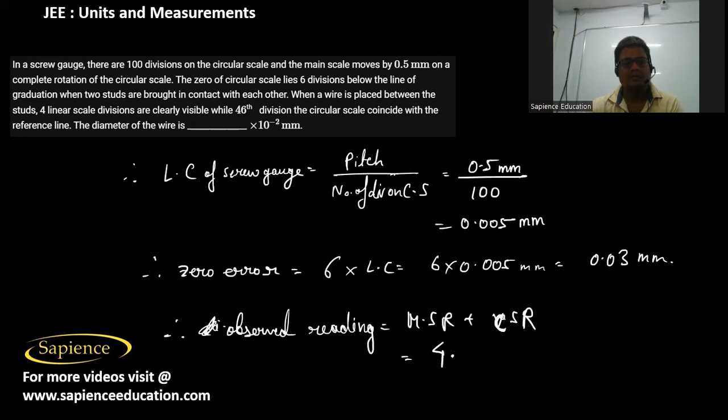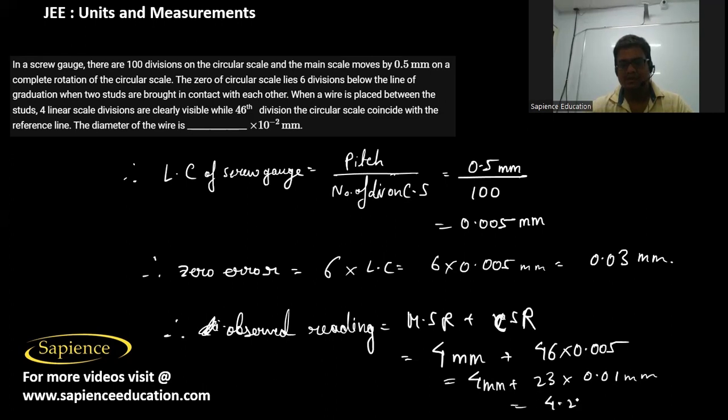So first we have to find the observed reading, which is equal to the main scale reading plus the circular scale reading. The main scale reading is 4 millimeter, plus the circular scale reading 46 into 0.005. So that will be 4 millimeter plus 23 into 0.01 millimeter. So this is 4.23 millimeter.